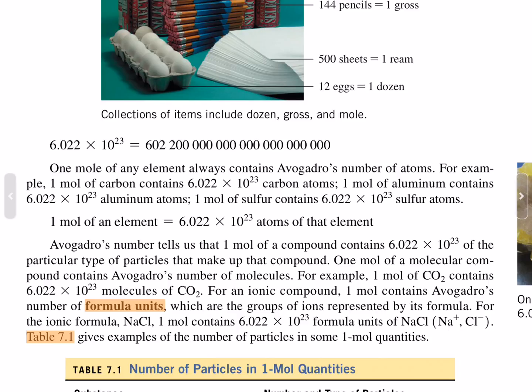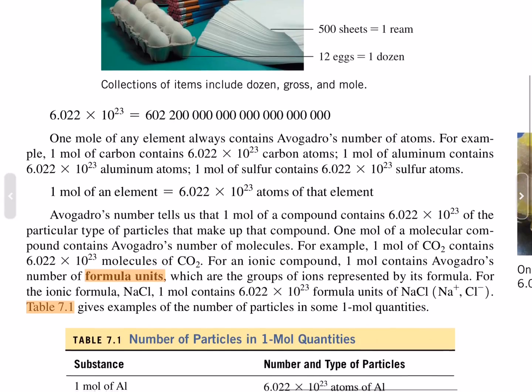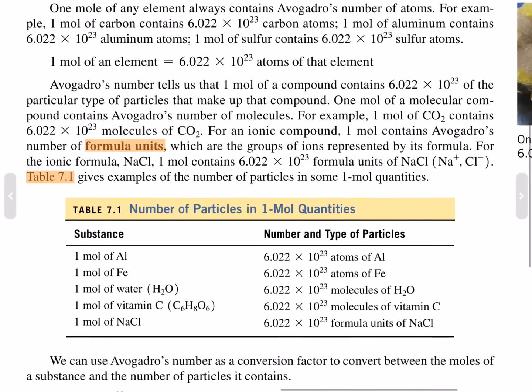For an ionic compound, 1 mole contains Avogadro's number of formula units, which are groups of ions represented by its formula. For sodium chloride, 1 mole contains 6.022 times 10 to the 23rd formula units of sodium chloride. Table 7.1 gives an example of the number of particles in some 1 mole quantities.